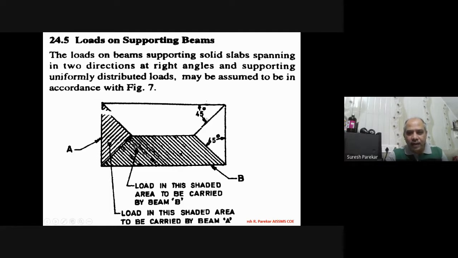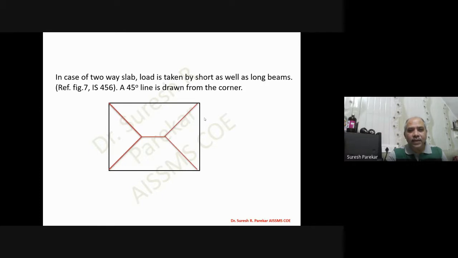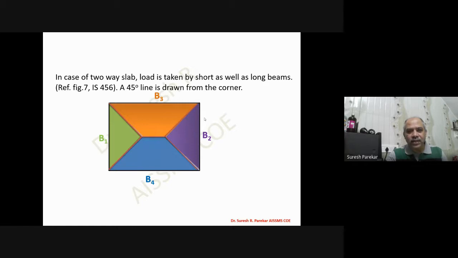Now the angle of inclination for transfer of load is 45 degrees. So now we have this. In case of two-way slab, B1 will carry this triangular load, B2 will carry this triangular load, B3 we have this trapezoidal, and then B4 we have this trapezoidal.